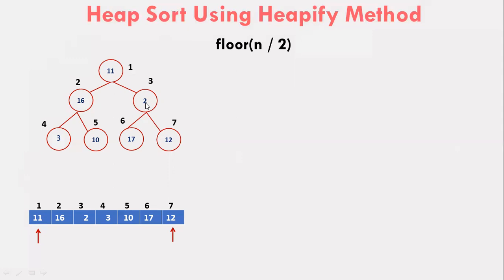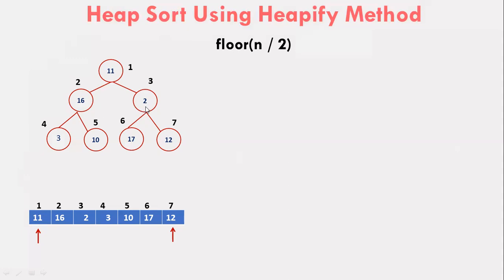And here 2 has 2 children, a left child and a right child. Now we have to compare 12 with 17. Of both, 17 is the biggest. So we compare 17 with its parent 2. Since the parent has a smaller value than 17, we swap 17 with 2.